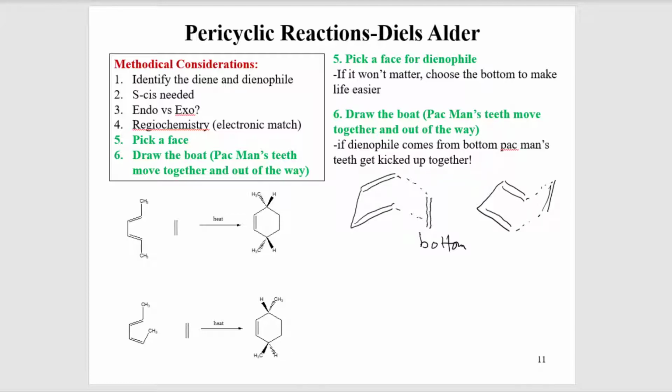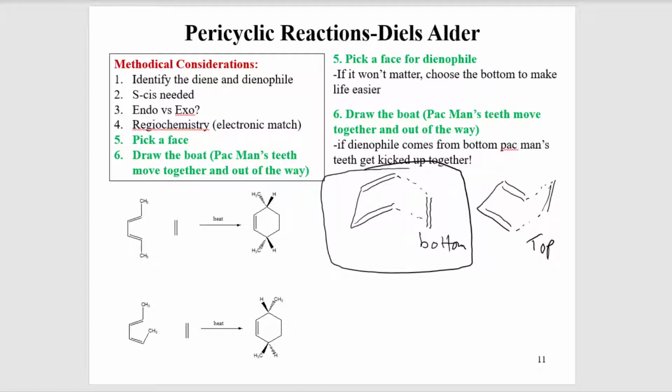Since this class does not cover facial selectivity, which side is going to be preferred, just get used to drawing it one way. And the way that I think is easiest to draw it, for whatever reason, when you have a choice and you can do it either way, just choose it from the bottom. Can it come in from the top? Absolutely.